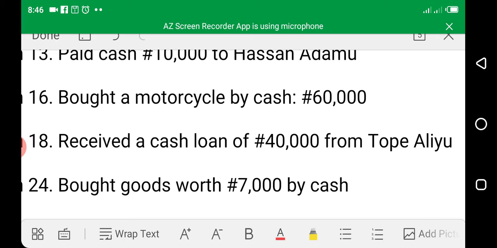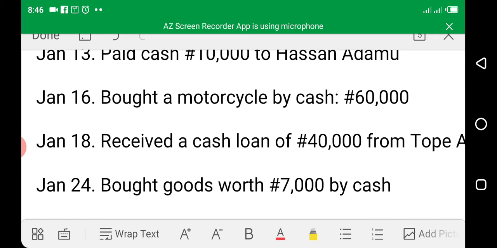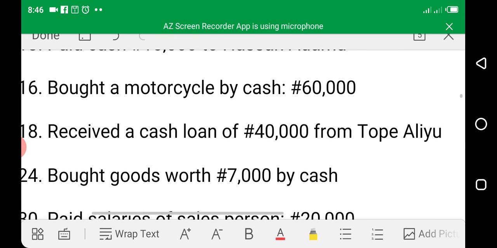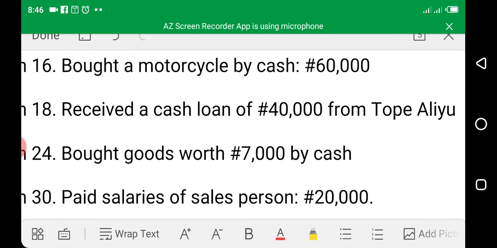Since the name of the creditor is mentioned here, it's going to be debited because we received it. Tope Aliu's name will be used, such that when we open the ledger, it's going to be credited in Tope Aliu's account because it goes out from Tope Aliu's account.